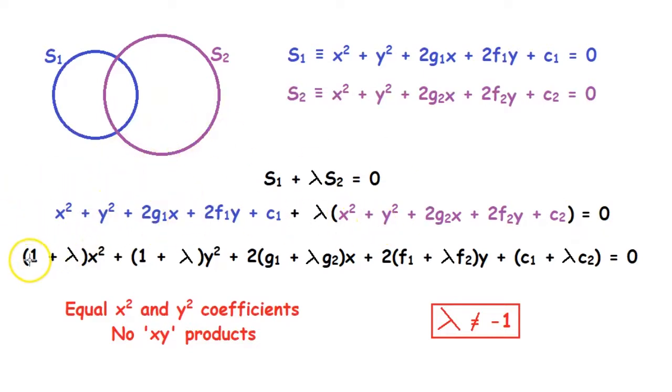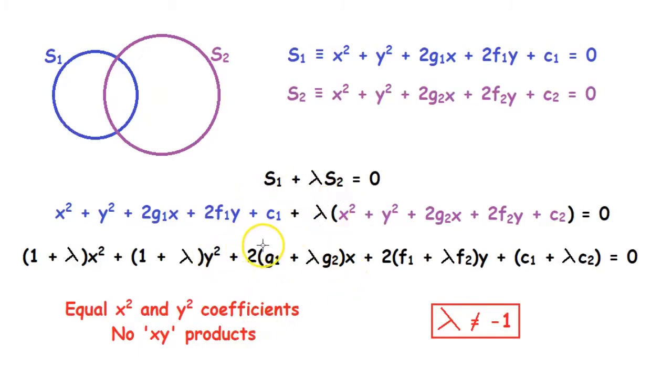Then we will get (1 plus lambda) x squared plus (1 plus lambda) y squared plus 2(g1 plus lambda g2)x plus 2(f1 plus lambda f2)y plus (c1 plus lambda c2) equals 0. So now this equation has equal x squared and y squared coefficients, and there are no xy products. So this is an equation of a circle. So as lambda varies, we get a family of circles.